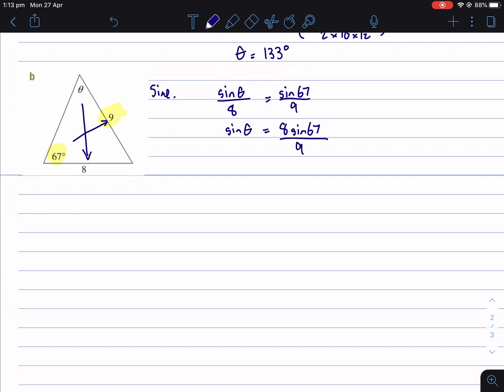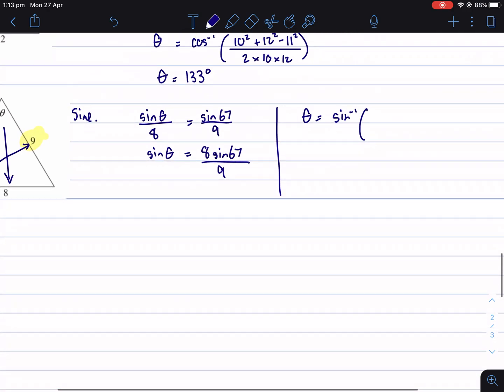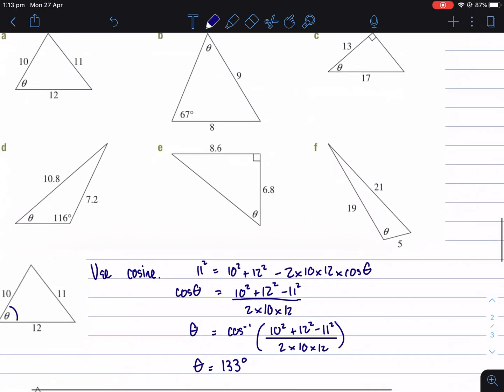Starts on the bottom, it goes to the top, which means theta equals the arc sine of all that. So theta equals 55 degrees to the nearest degree.